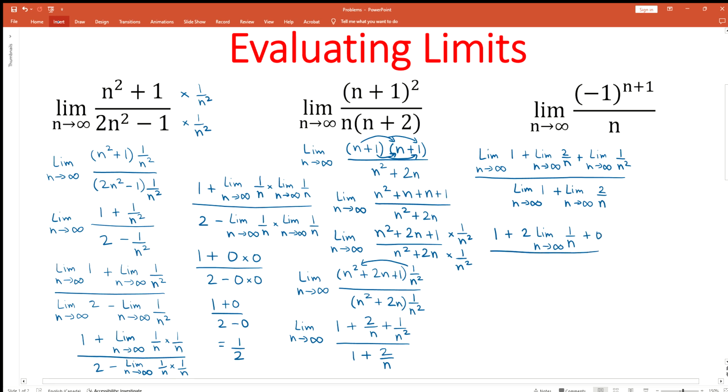In the denominator, 1 is a constant, so the limit value is 1. In the second term, we can move the 2 out of the limit. Limit n approaches infinity for 1 over n is equal to 0.